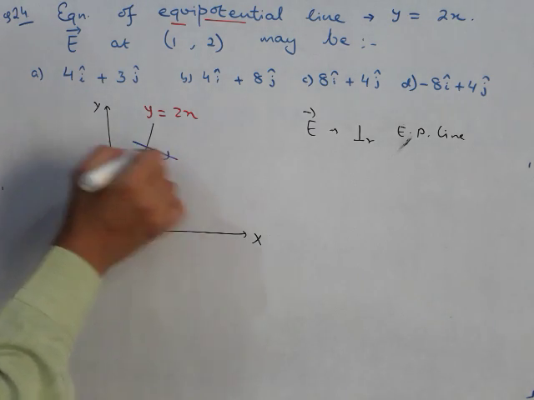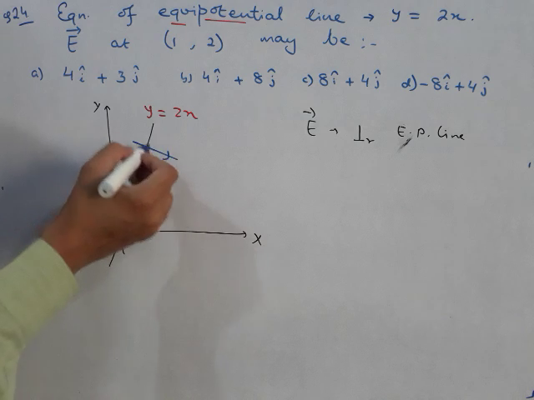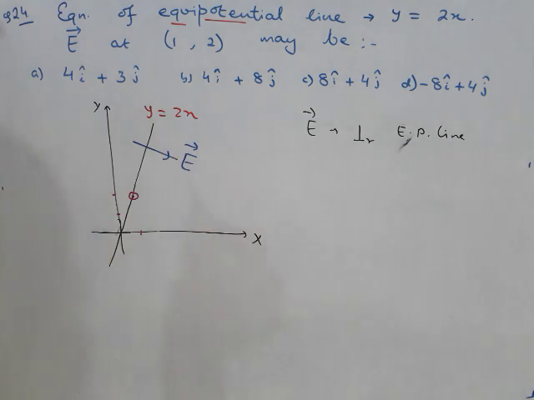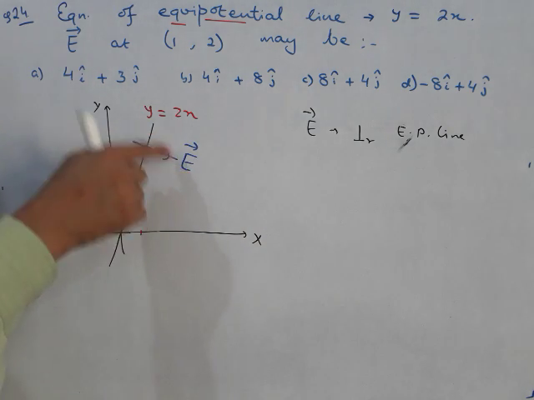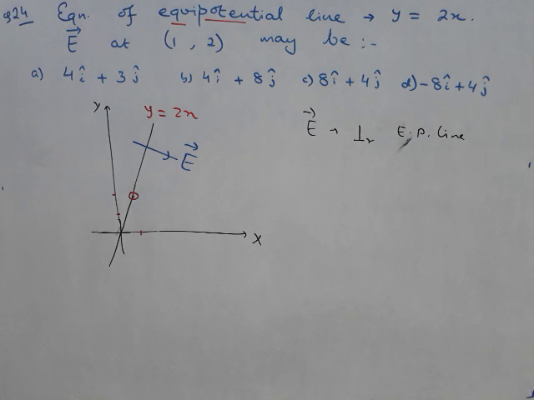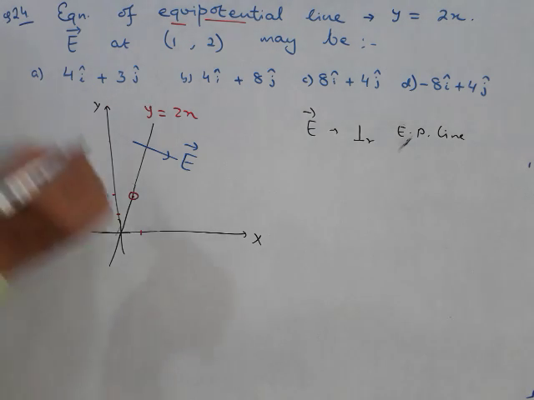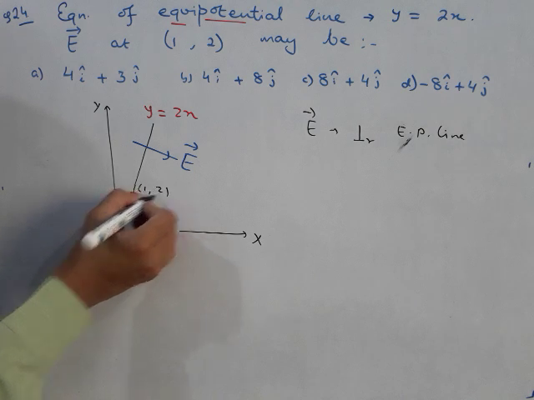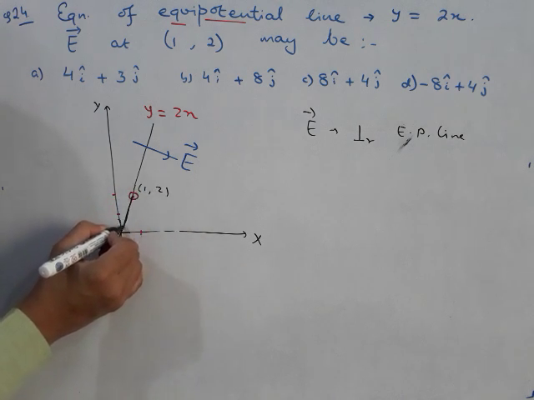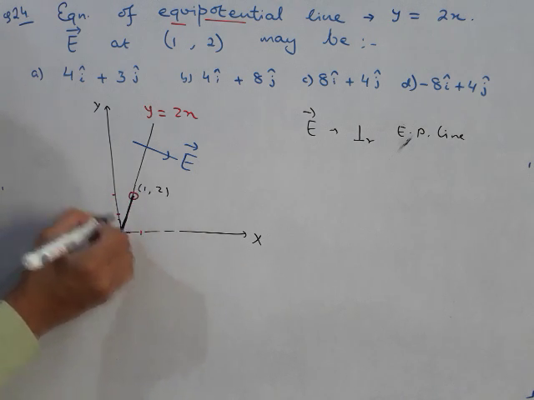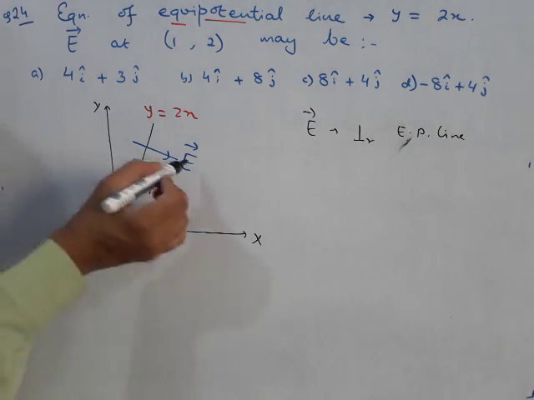It can be something like this, or it may be in that particular direction. This is just a possibility. What I mean is that electric field must be perpendicular to this particular line. Now this is the point 1, 2. So this line we can say must be perpendicular to electric field.